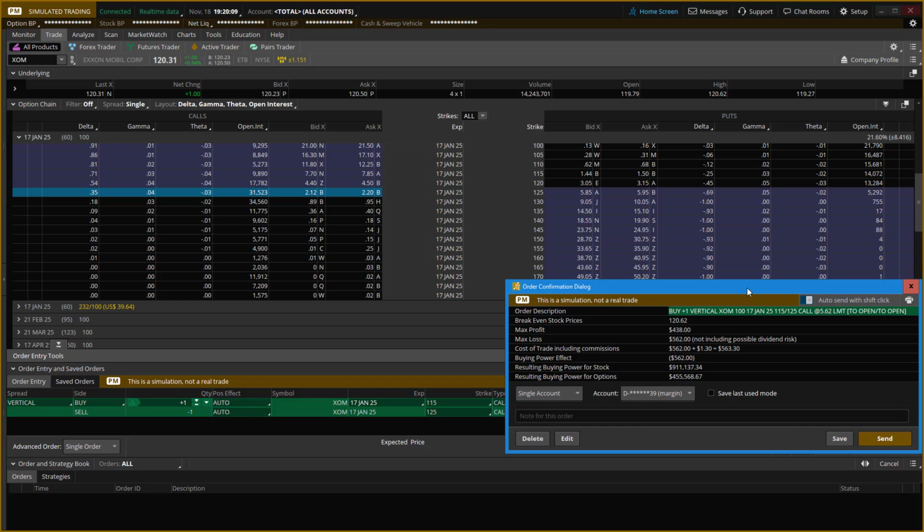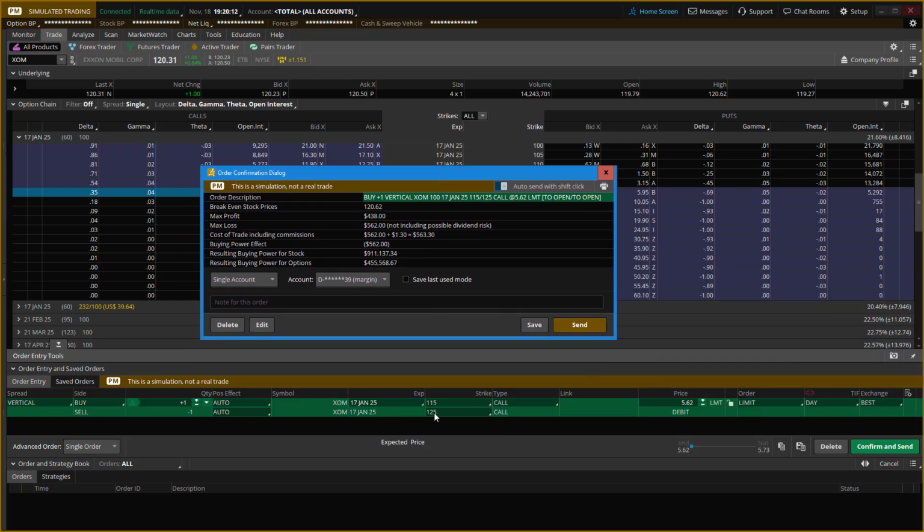If I confirm this trade, it says that I have a max profit of 438 on the trade and a maximum loss of 562. Now, I typically don't want to trade like that. I don't want my loss to be bigger than my potential gain. But remember, I'm going to have a stop loss in this trade.